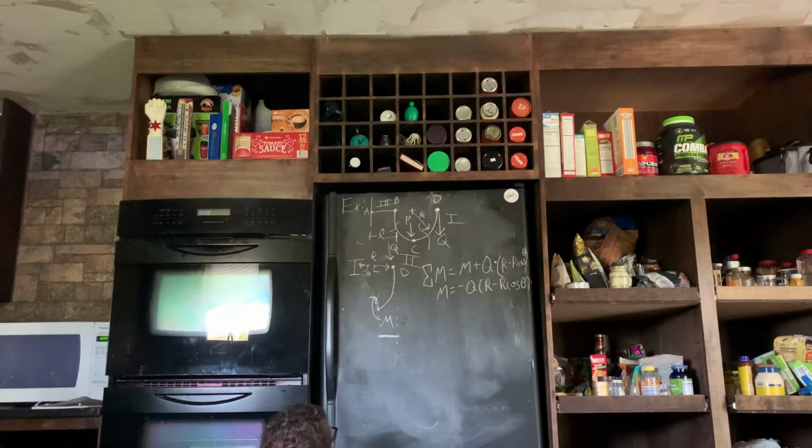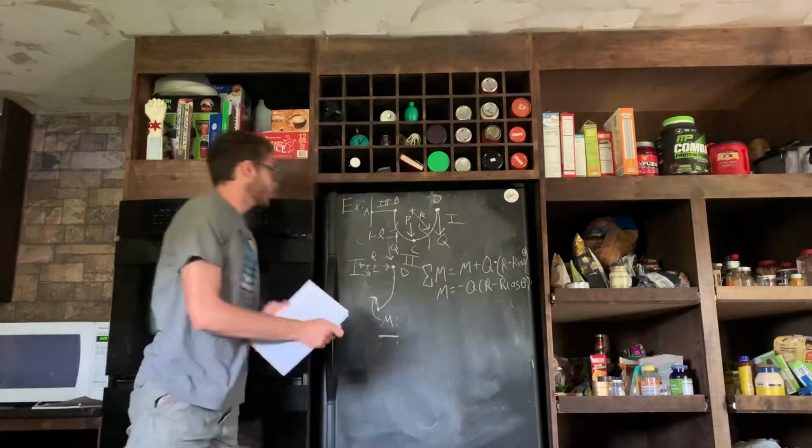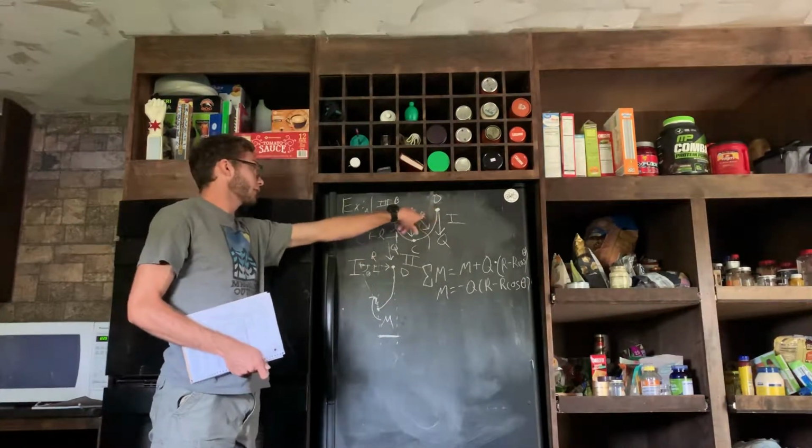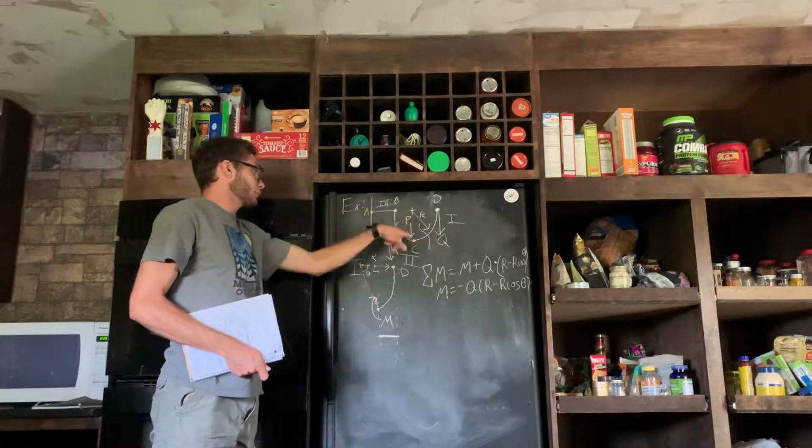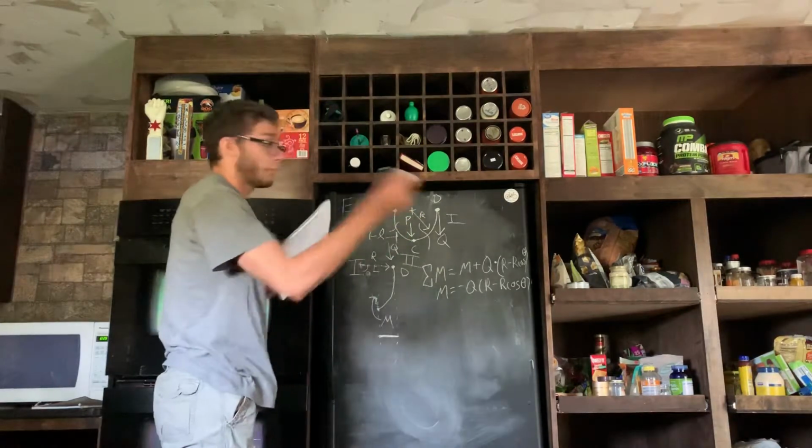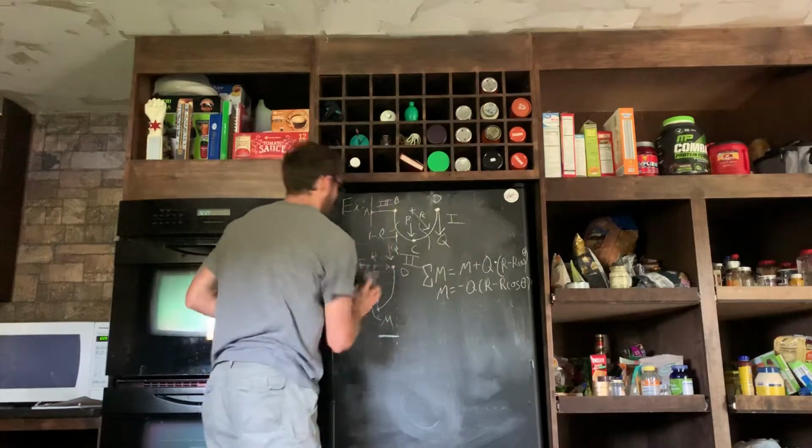So moment 1 is equal to negative Q times (R minus R cosine theta), and theta in this case is greater than or equal to 0 and less than 90 degrees. Because as we can see from our drawing, if this angle was 90 degrees, we'd be at the P area, which would be part 2.